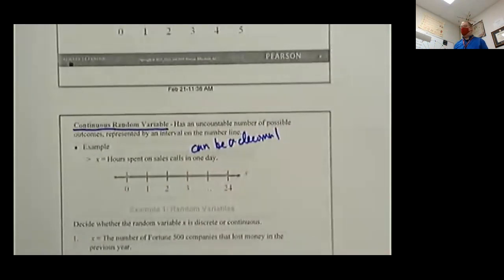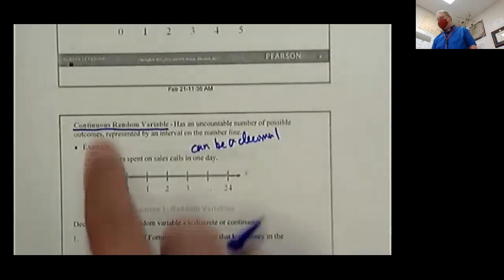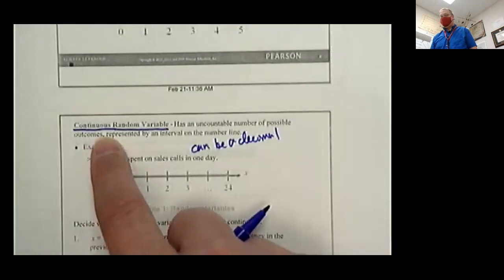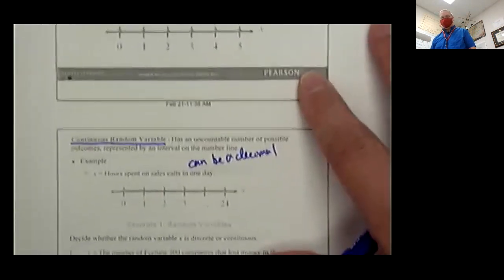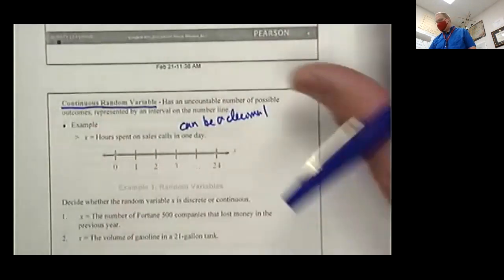You could spend 1 1/4 hours. You could spend 3.25896 hours on a sales call. Because those can be decimals, that turns it into a continuous random variable. So if it can just be integers, no decimals or fractions, it's discrete. If it can be fractions or decimals, then it's continuous.